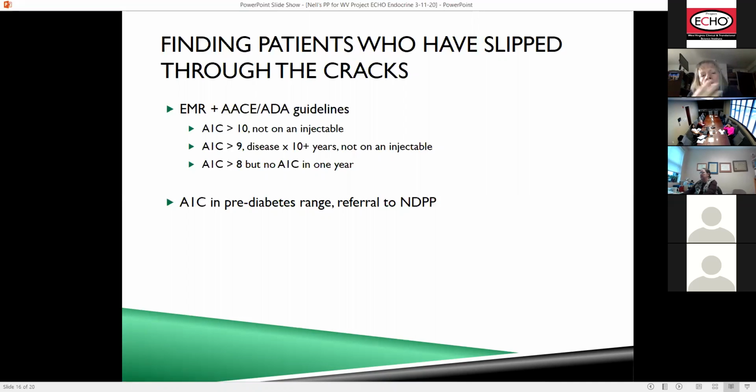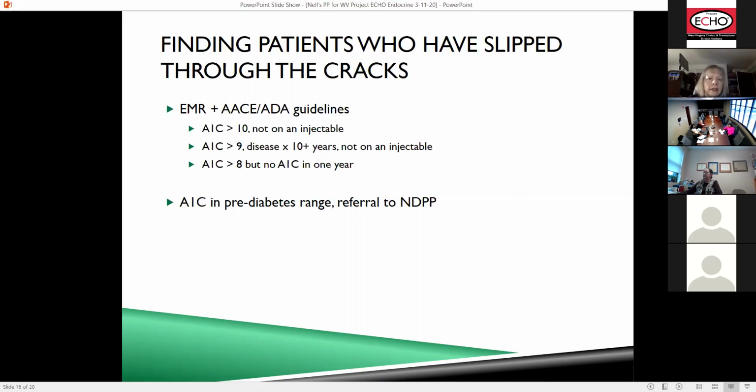So there's a lot of push out there for population health, and I don't know, maybe you guys are already doing these things, but if you can maybe sit with the ADA guidelines or the ACE guidelines and get your clinical people that are doing population health and do queries in your EMR, you could do the patients whose A1Cs are greater than 10, but they're not on an injectable, because the guidelines say if they're greater than 10, they need to be on an injectable.